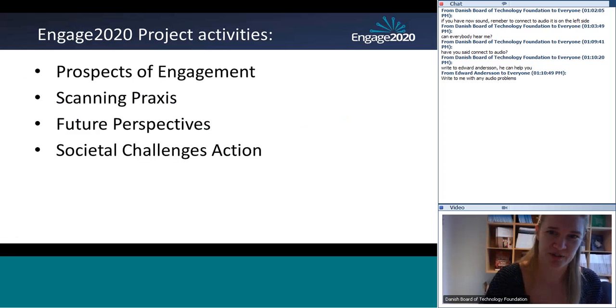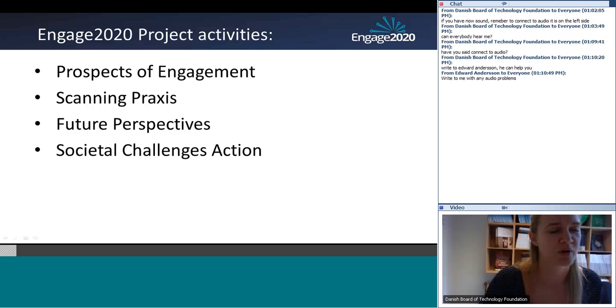What we're doing in the Engage2020 project is looking at the prospects of engagement. We are scanning practice of engagement, both what the good methods are that can be used, and what the policies are that support public engagement. The Engage2020 project is working on 2 strands.